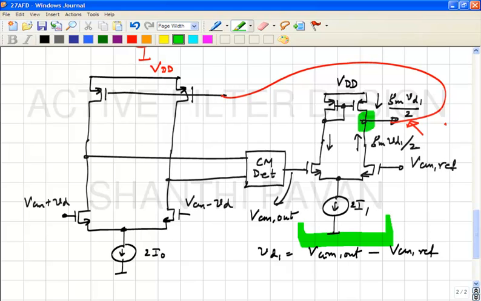You need a differential pair to convert the voltage into a current. You need some kind of load network to convert the current, which is dependent only on the difference between these two voltages, back into a voltage. We could have used a resistor, but a resistor will have a lot less gain. So this seems like one of the simplest things that one could do.